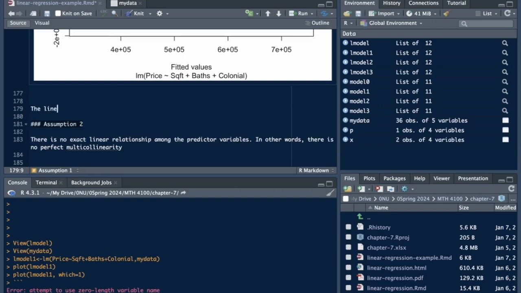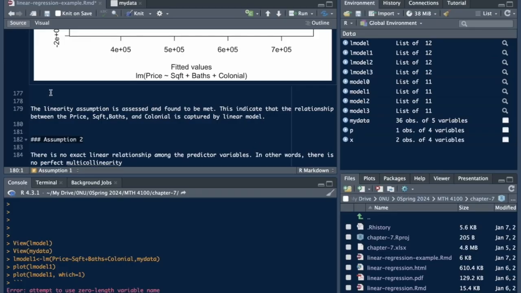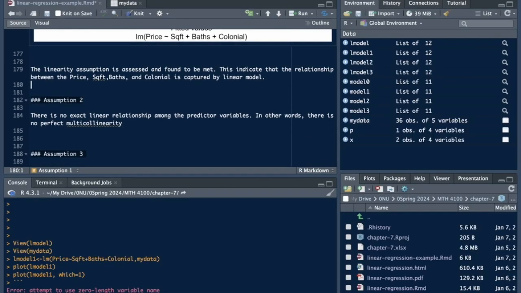The linearity assumption is assessed and found to be met, right? This indicates that the relationship between the price, square foot, baths, and colonial style is captured by the linear model. So good stuff. We have a good result for the first one.